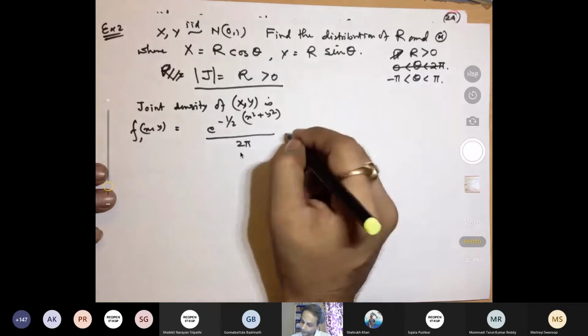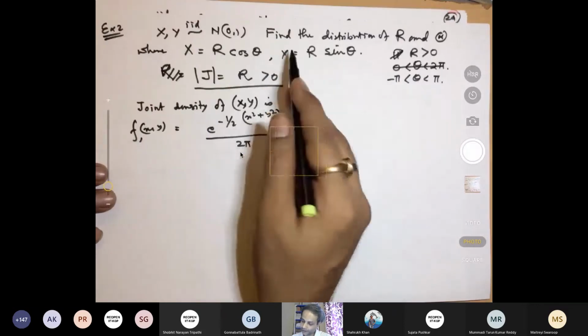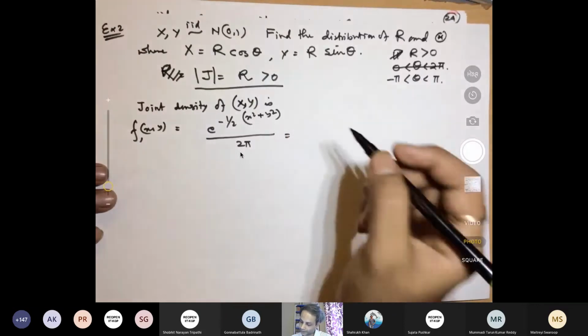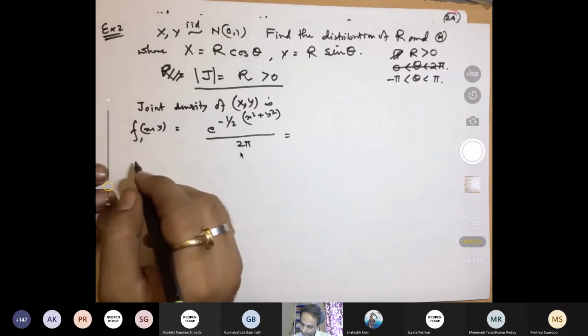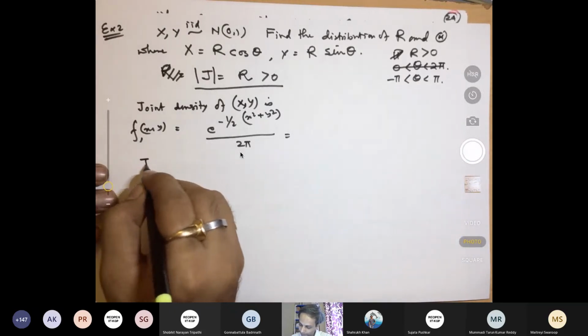Now x we can write as r cos theta, y as r sin theta. But for that, let us go for the joint density of r and theta.